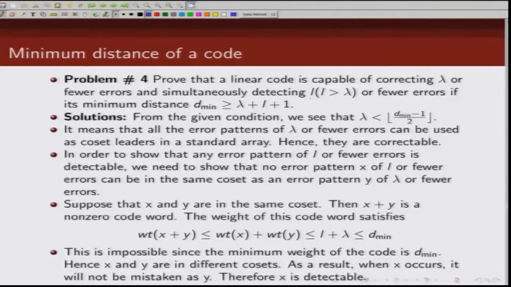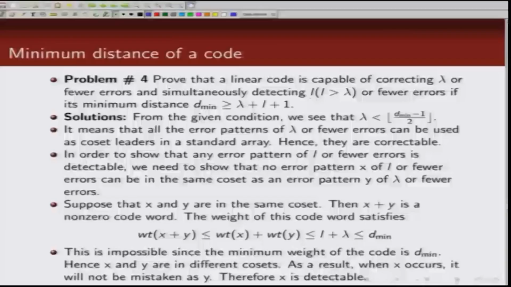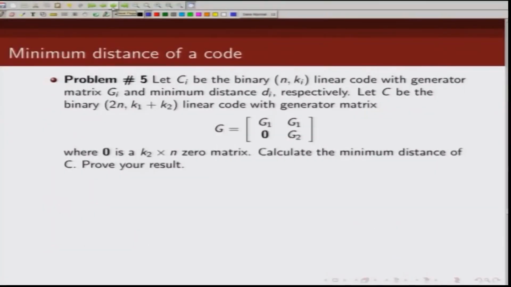To recap, we proved this result by showing that if we want to simultaneously correct and detect errors, those error patterns should be in different cosets, and hence we can simultaneously correct and detect those error patterns. The next problem that we are going to solve is as follows.